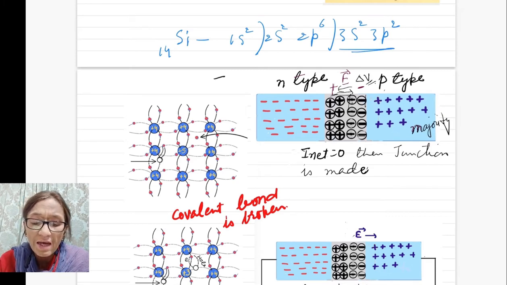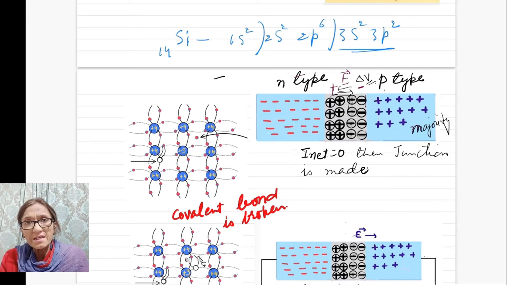Here you can see that 4 electrons of phosphorus out of 5 are making covalent bonds with the nearby silicon atoms.